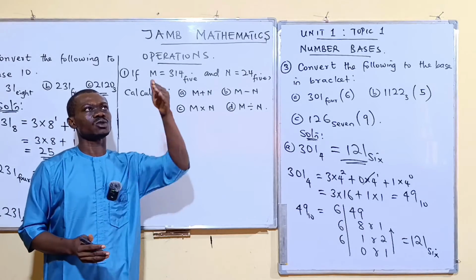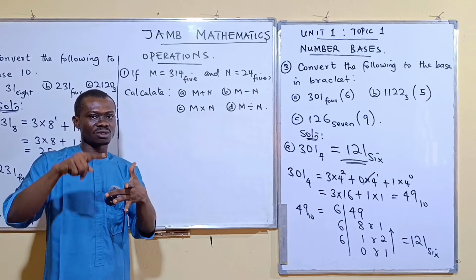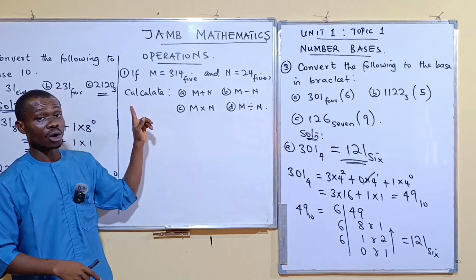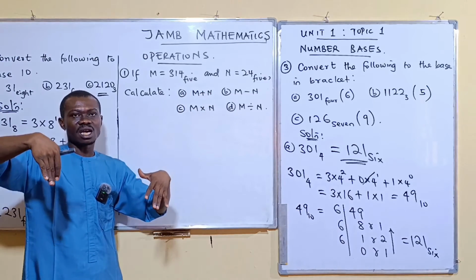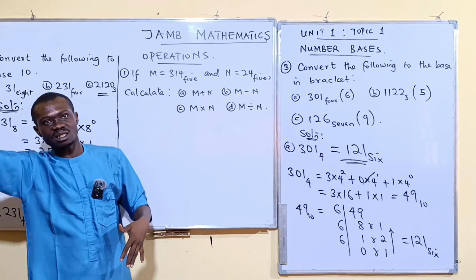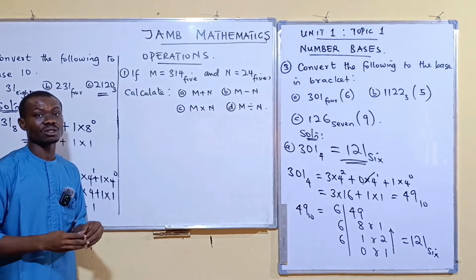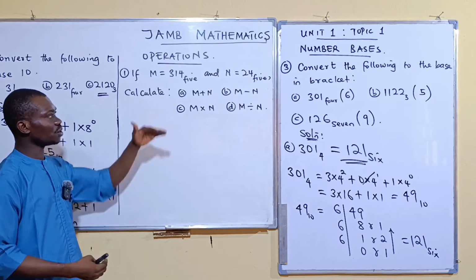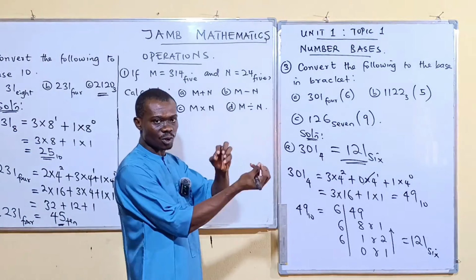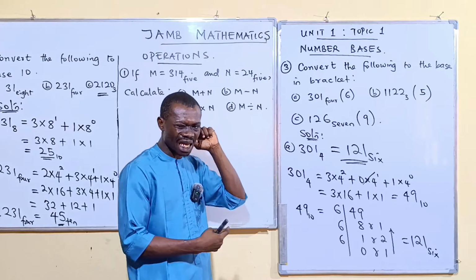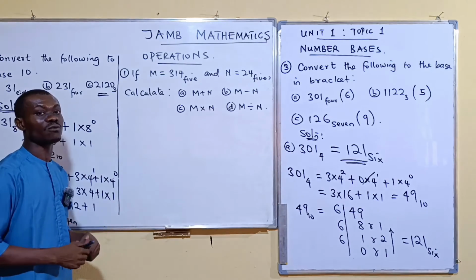Only between 2015 and 2017 was there no question on number system. 2010 to 2014 had, and 2018 upwards also had. We'll see questions on that maybe in the next video. It follows the same pattern; they only tweak some things and allow you to apply your understanding from what we have taught you here.